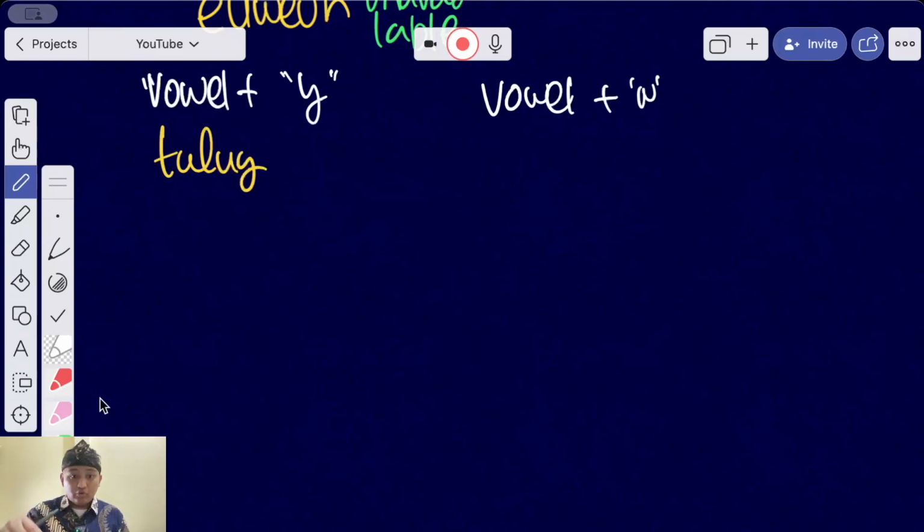The Y is gliding the U to lui, but it's not followed by another vowel. Tului means continue, or continuously, depending on the context.